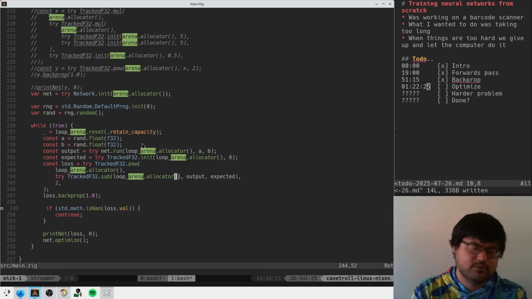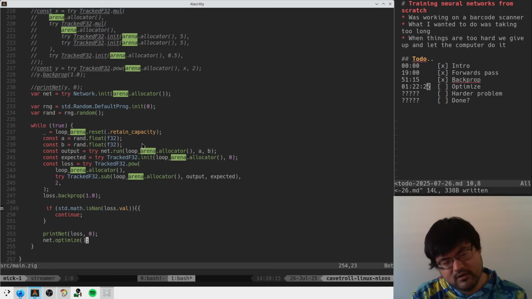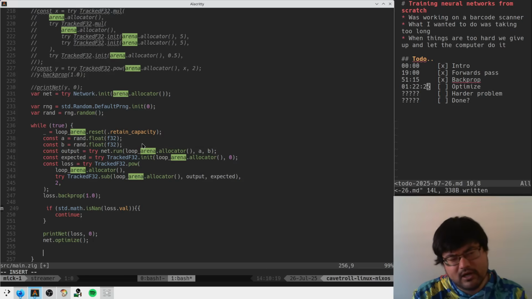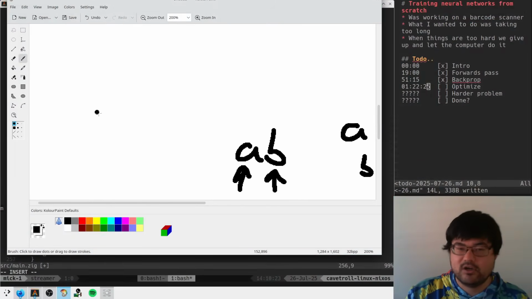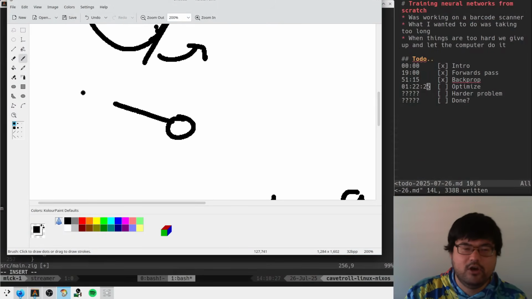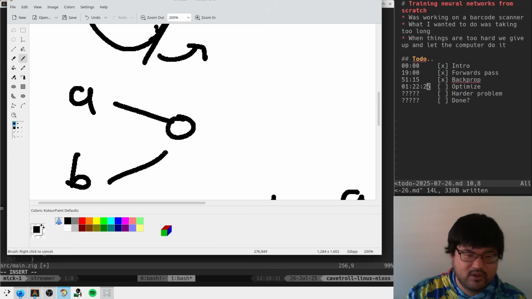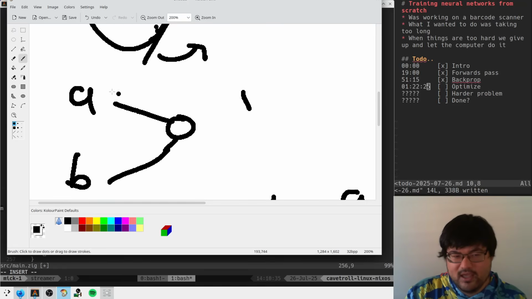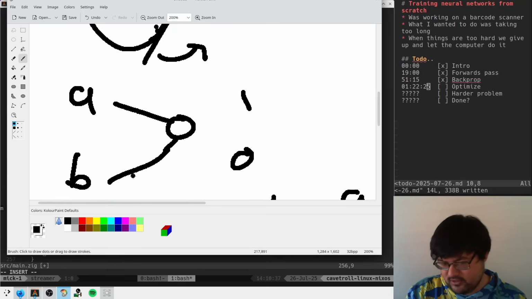Value close to 0. And so what I want to do now is look at the weights and biases. That would be kind of interesting to me. So can we look at what this thing learned? Because from going way back to the start, you have A coming in, you have B coming in, right? They're both coming in here. What can we multiply and add to get this to go to 1 if A is bigger and 0 if B is greater?